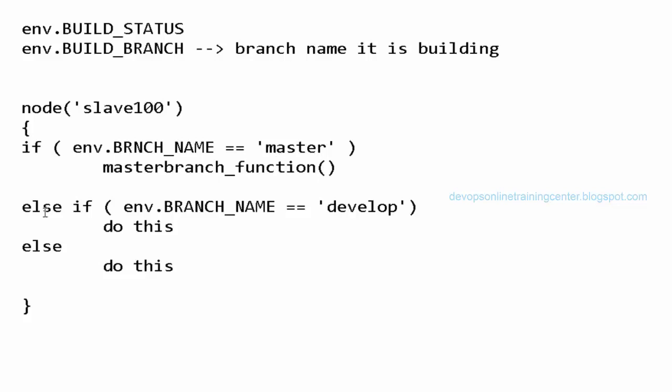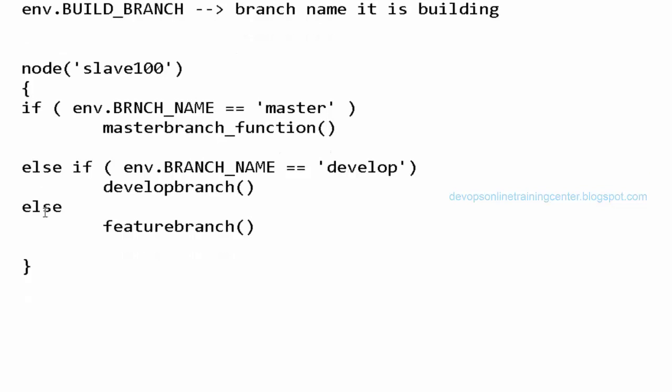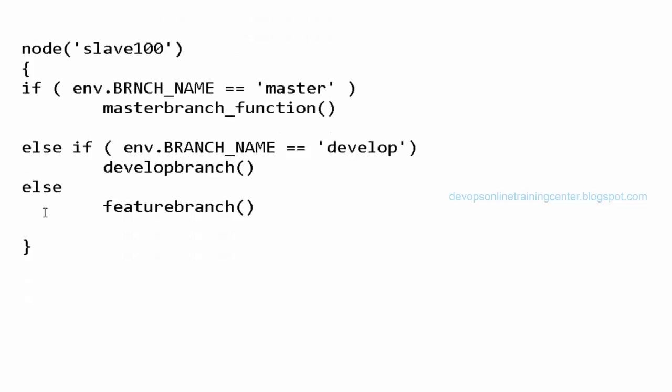It calls the function called master branch, and here also I can specify something like develop branch, else I can specify feature branch. Right. So this is the code, then we have to start developing the functions.